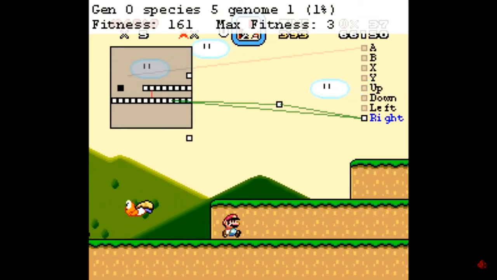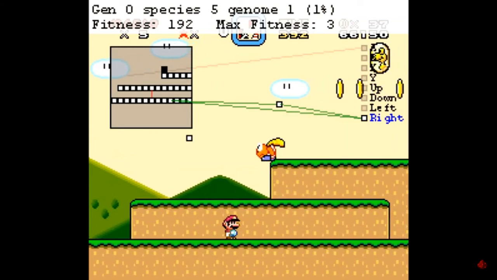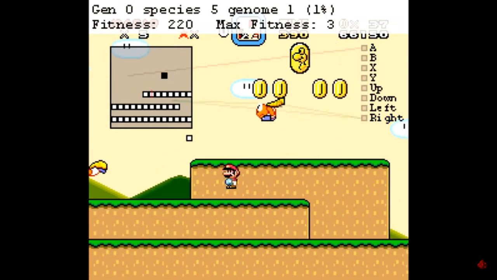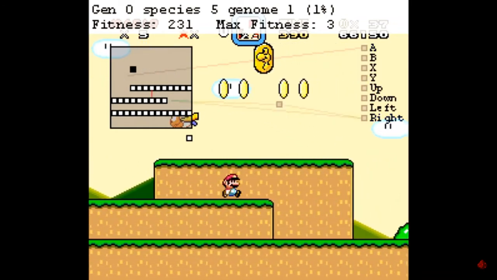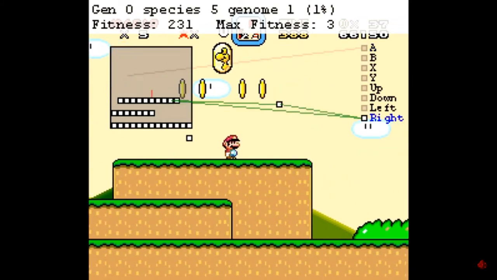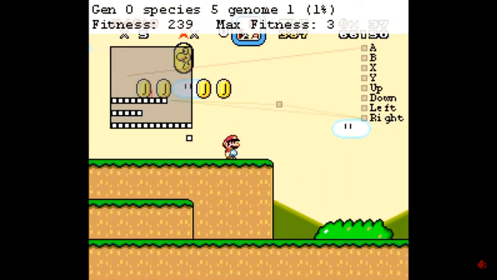In this case, the green lines read from the platform that the player is standing on and make the neural network press the right button as long as the player is standing on it. However, when the red line reads a black square representing one of those Caped Koopas, it presses the A button and makes the player jump. This puts the player in a position where the green lines are no longer reading a white square, so the right button turns off and Mario just stands there. This is a really basic example that illustrates how a more complicated neural network might operate. The more lines and neurons you have, the more nuanced the decisions can be.